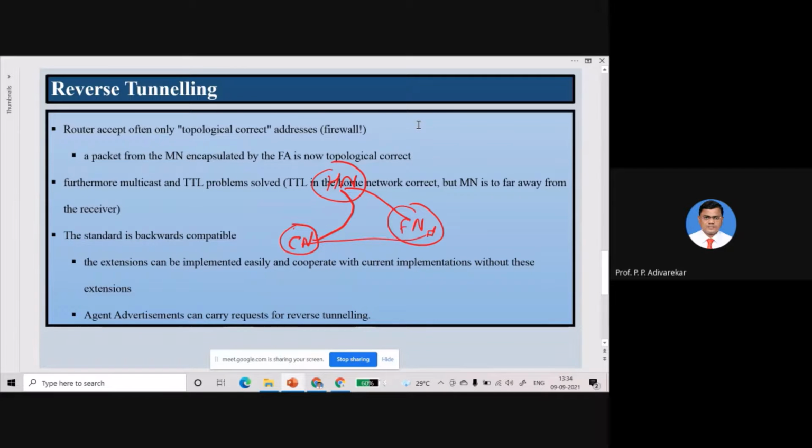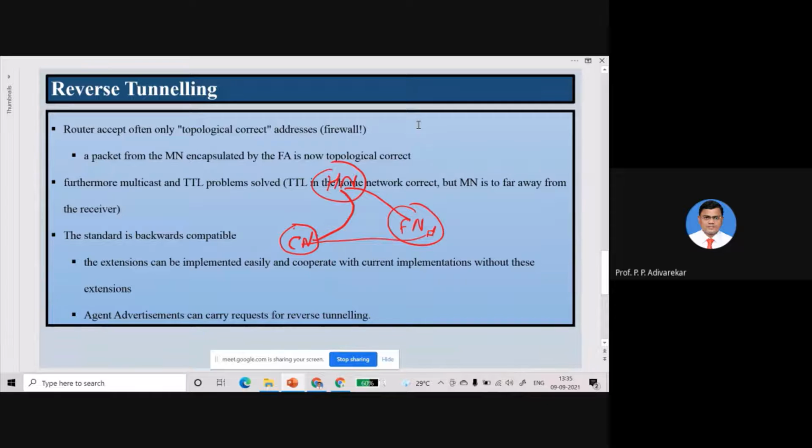In this case, the foreign network does not need a multicast backbone, because multicasting is still supported by the home network, and it just has to decapsulate the packet sent by the foreign agent.